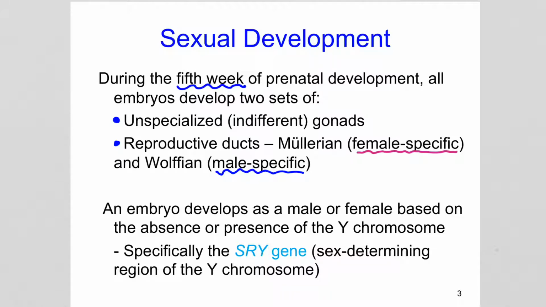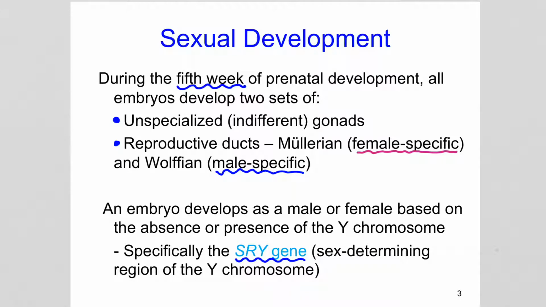But it's because of a specific gene on the chromosome that triggers the production of hormones that ultimately steer development towards one route or the other. So this SRY gene, if present, and we call this SRY gene the sex-determining region of the Y chromosome, because ultimately it's just due to the presence of this gene.